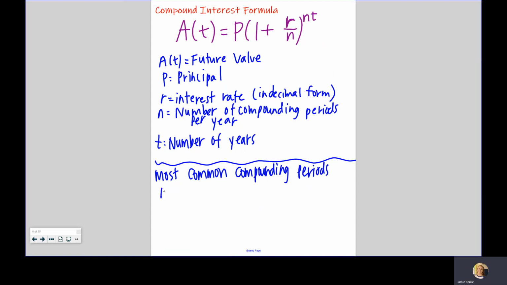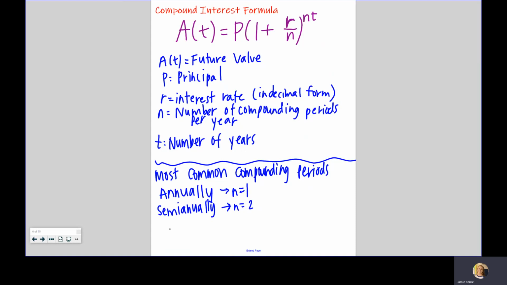All right, so you could have annually, where interest is compounded annually. That means 1 time per year. So N would be equal to 1. You could see semi-annually. That means twice per year. So N would be equal to 2.